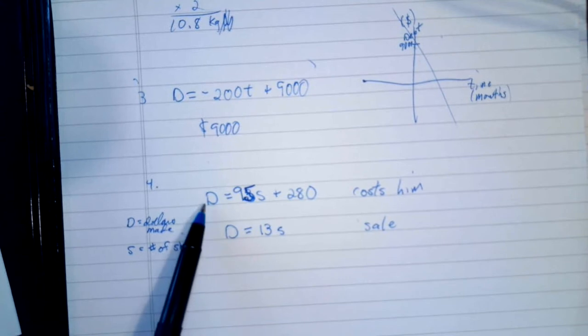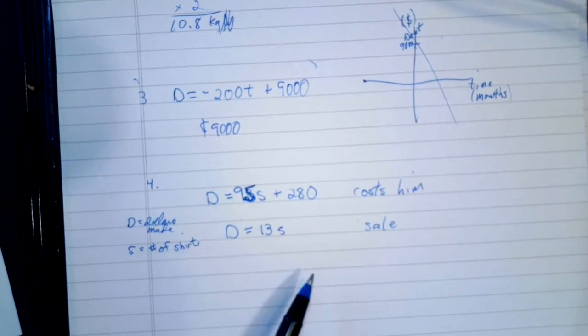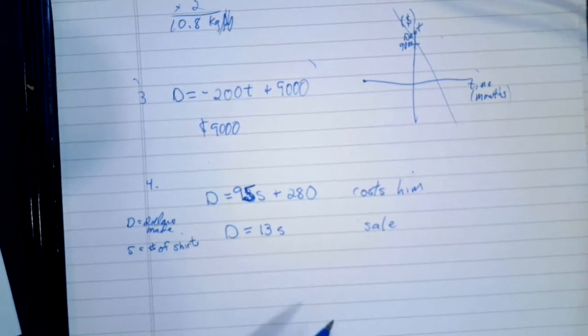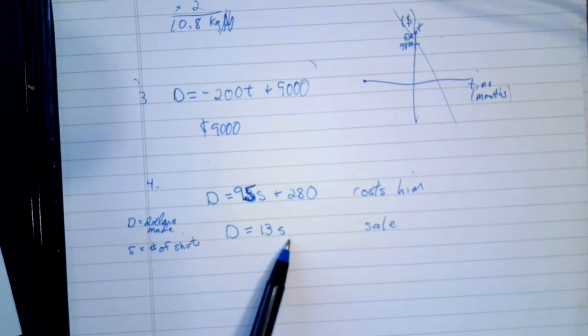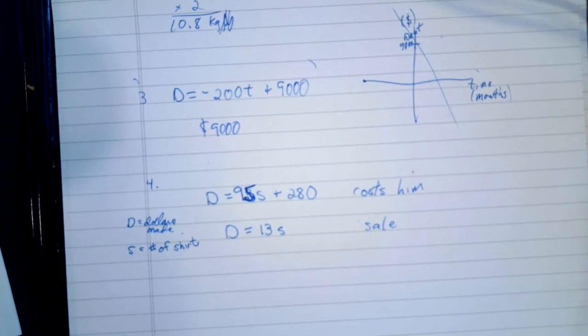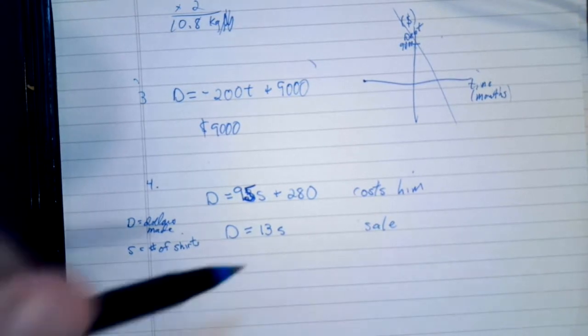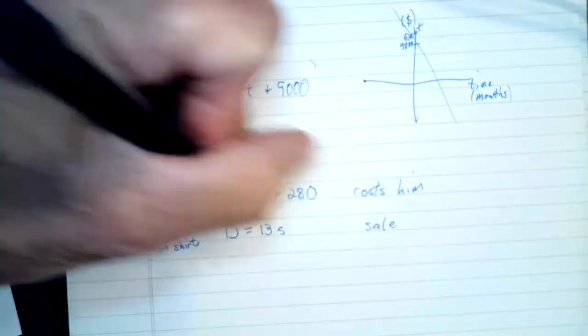It would cost him a lot of money for that one shirt. But he also makes money. For every shirt he sells, he gets $13 for it. You following me there? Okay, so this first question is, what's a linear equation that shows how much money he makes? Well, that's this one. That's how much he makes.